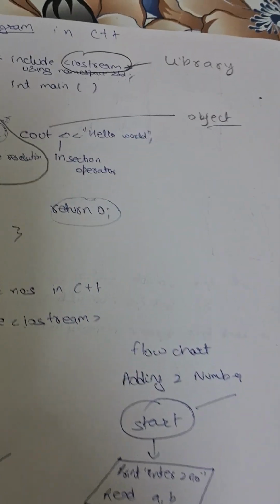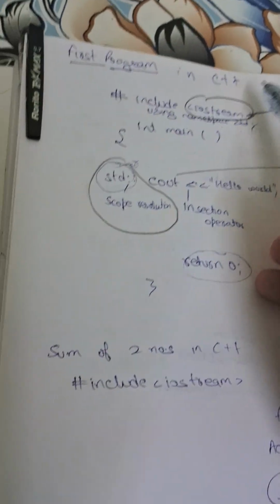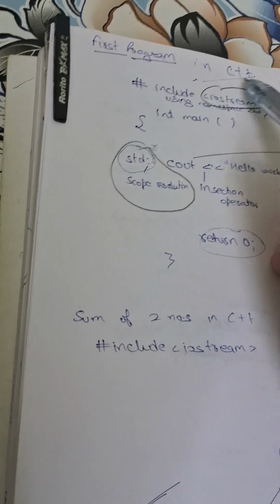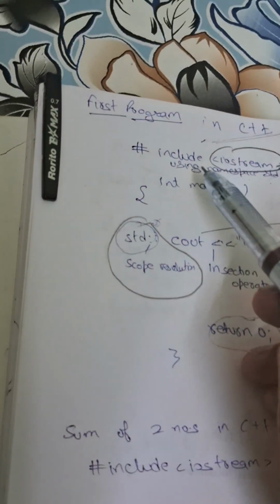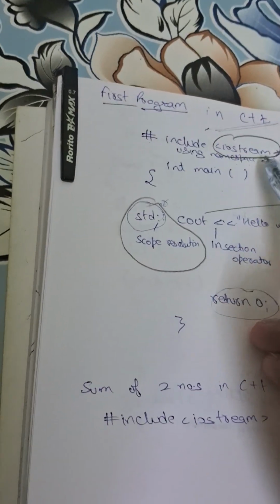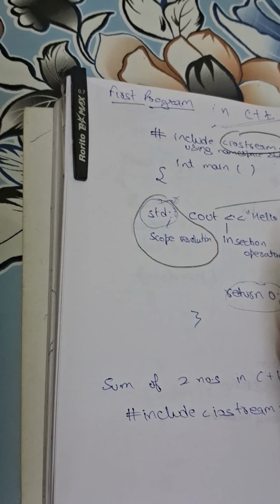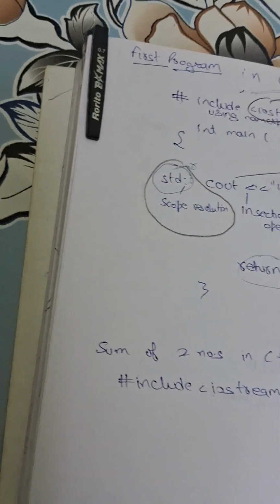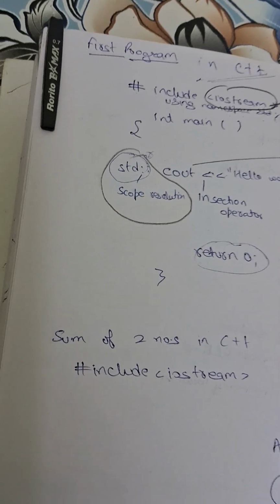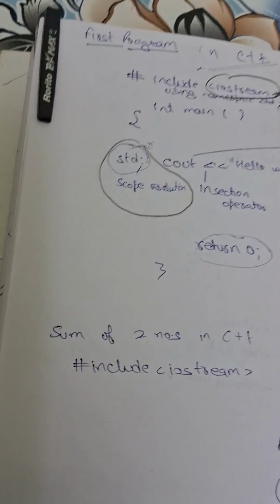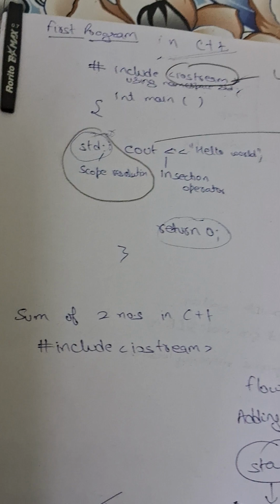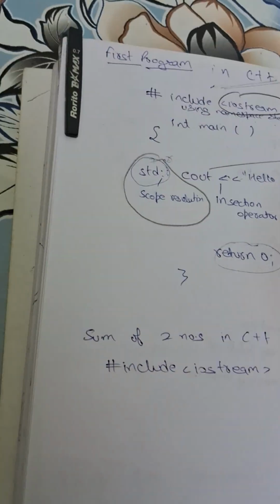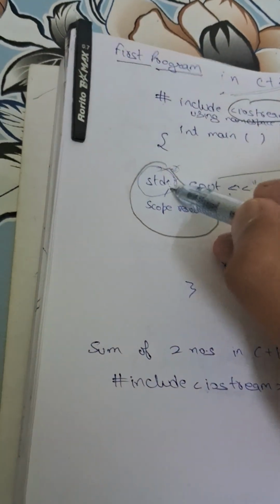So let's recap. In the first program we learned today, include iostream is the first step we have to write in C++. Then using namespace, then our function is started with int main, and cout is used for printing the value, and this :: is the scope resolution operator.